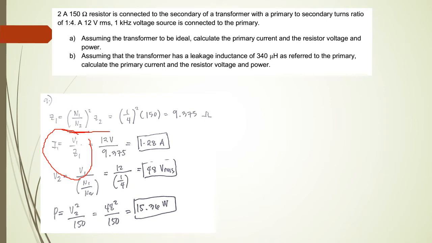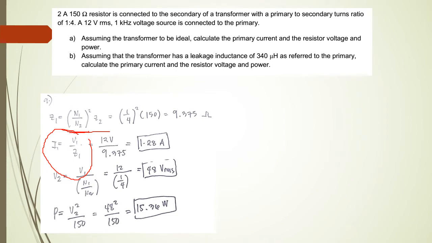So, the impedance in the primary side of the transformer is Z1. To find Z1, we have the ratio of the primary to secondary, which is 1:4 squared times the impedance Z sub 2.